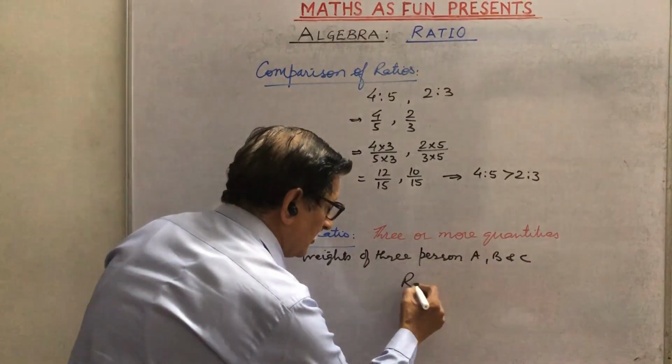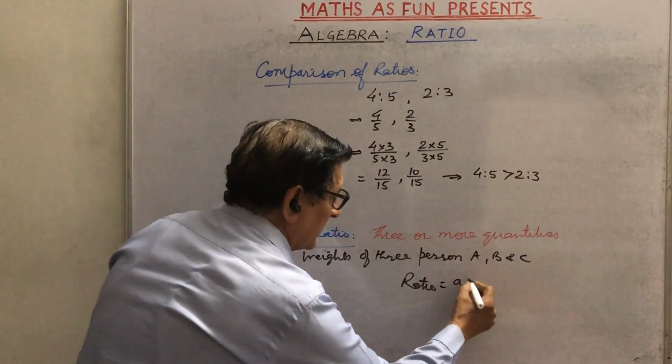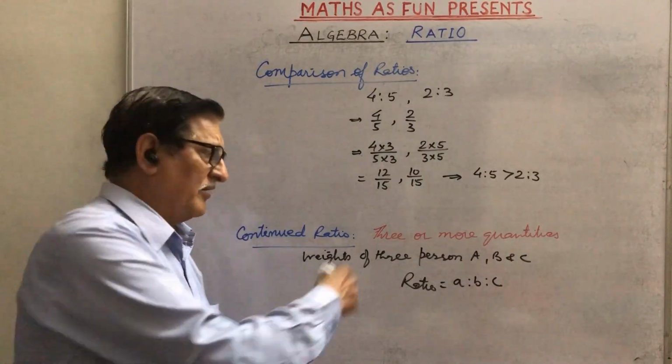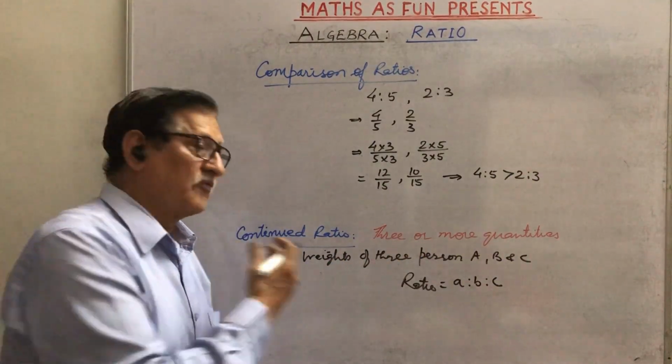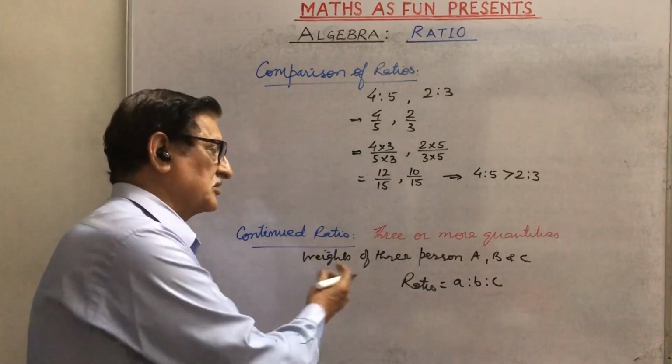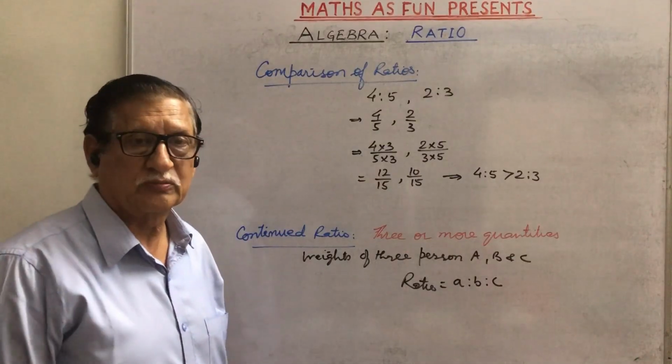Then the ratio of the weights can be written as A is to B is to C. We may have more quantities also. If we find the ratio of more than 2 quantities, then we say this is a continued ratio.